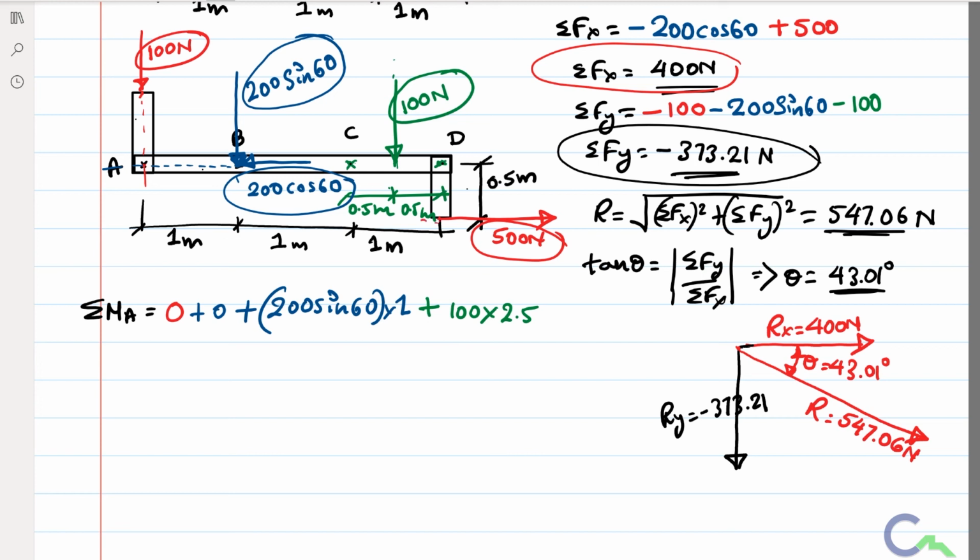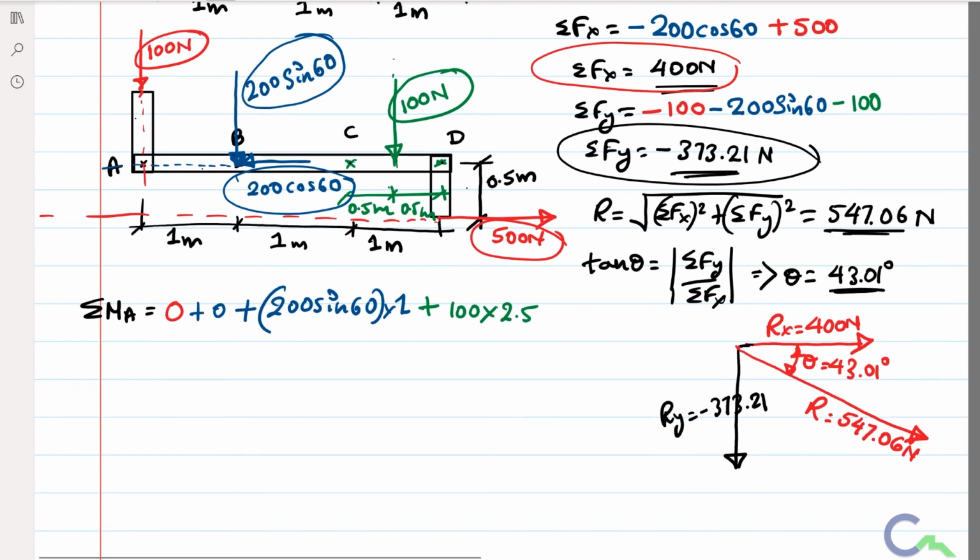The one more component, that is 500 Newton. So if I shift that force in the line of action of force, it is not passing through A, so therefore it is going to rotate the point A. If I imagine I shifted that force here by the principle of transmissibility, so if I am trying to create the circle, it is going to create in anti-clockwise direction. Therefore that value is minus 500 into perpendicular distance is 0.5 meter.